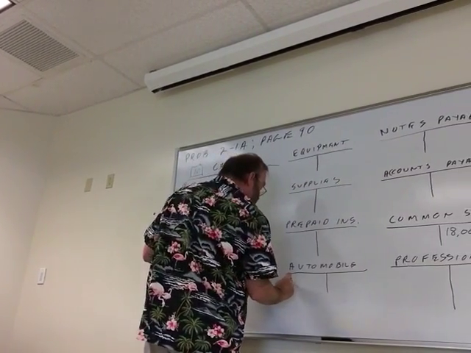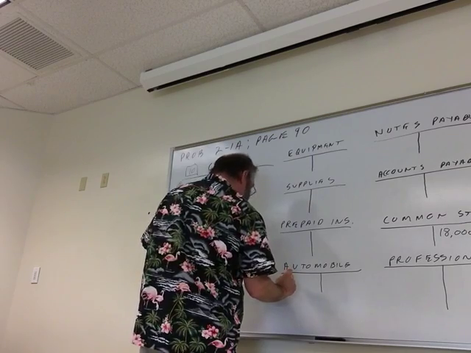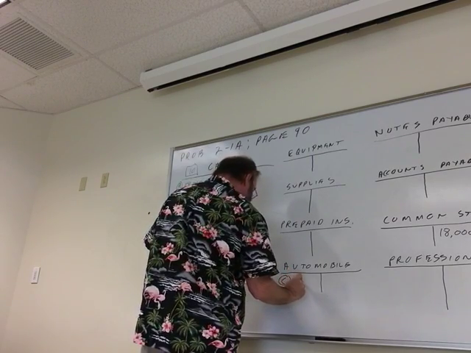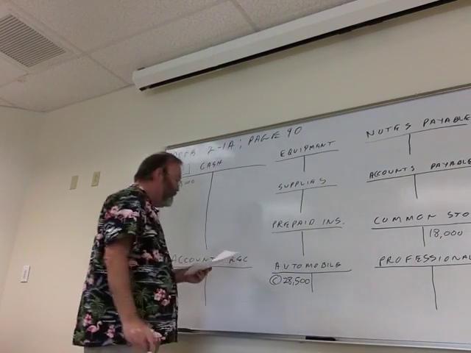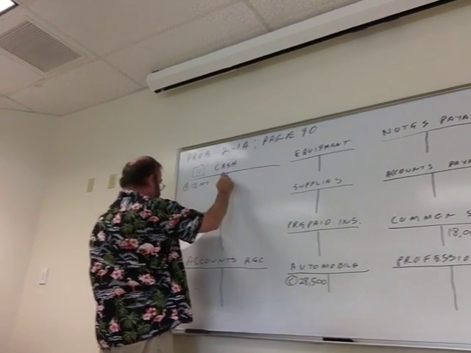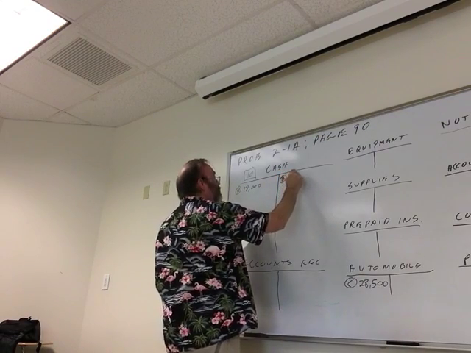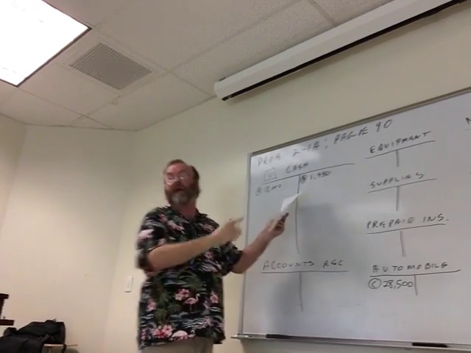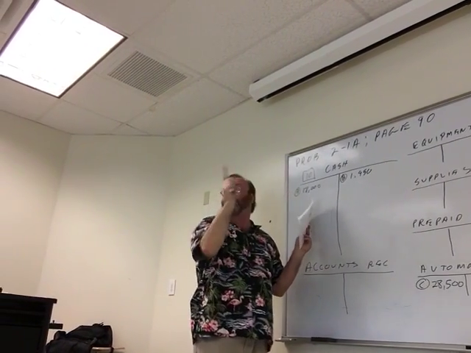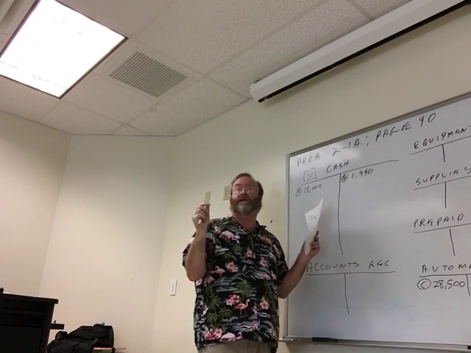So C, for the asset side, the debit is $28,500. She paid, I didn't put the B side up here. When we paid the rent, that was a credit to cash. Always 2 transactions. All right?